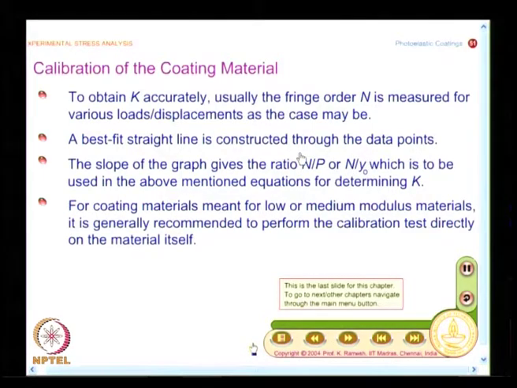So, you have the ready made expression available which can be used to find out the value of K. For many of the high modulus coating materials and also medium modulus coating materials, probably you could use a simple cantilever beam, put the coating and evaluate either by a load control or displacement control. I said displacement control, the loading arrangement is very compact, and that is a very popular loading arrangement supplied by the manufacturer also.